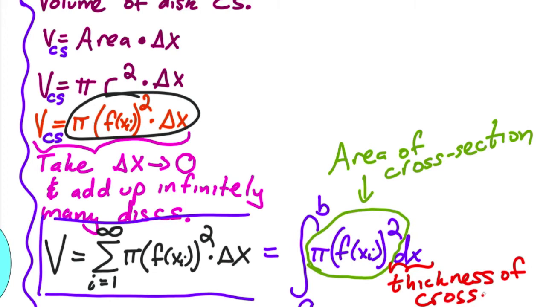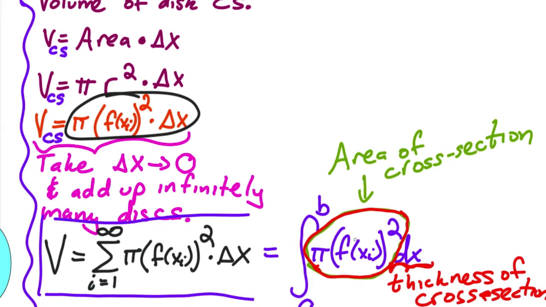The way to think about it is that this is the area of a cross section, and then by multiplying it by the thickness, you're finding the volume.